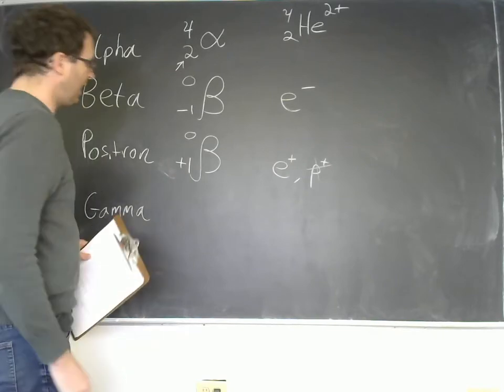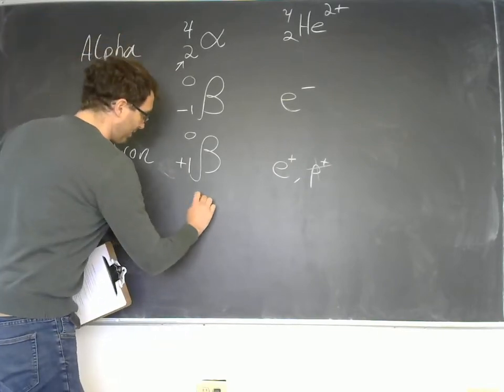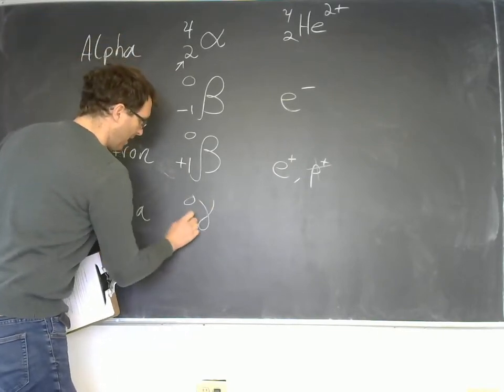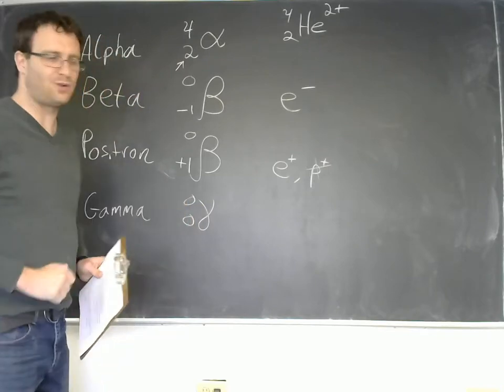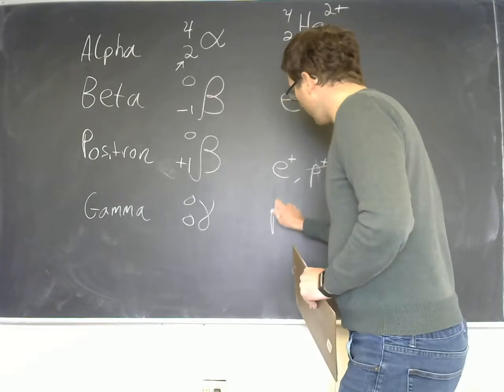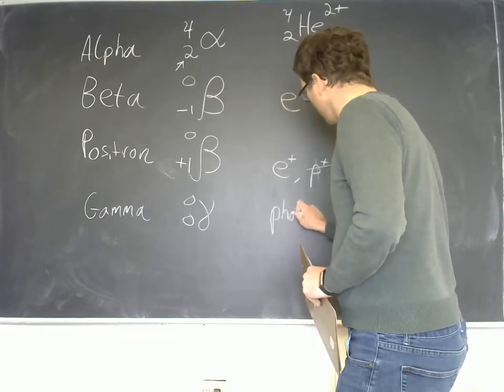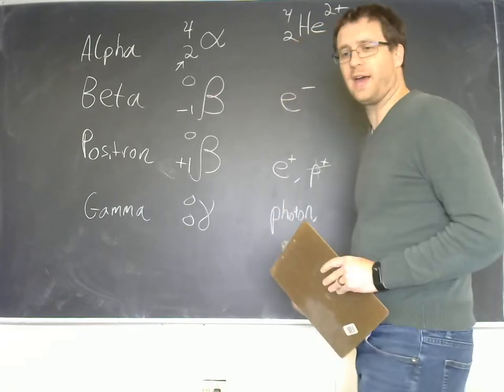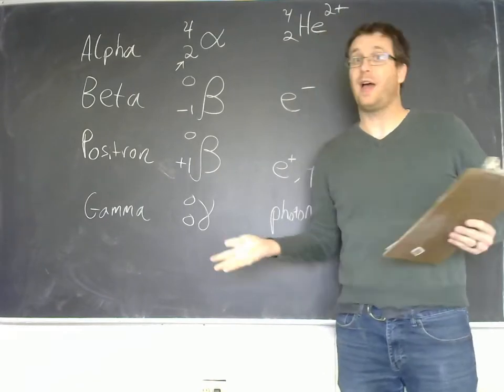So gamma radiation has no mass and no charge, and a gamma ray is simply a high energy photon. So it's light.